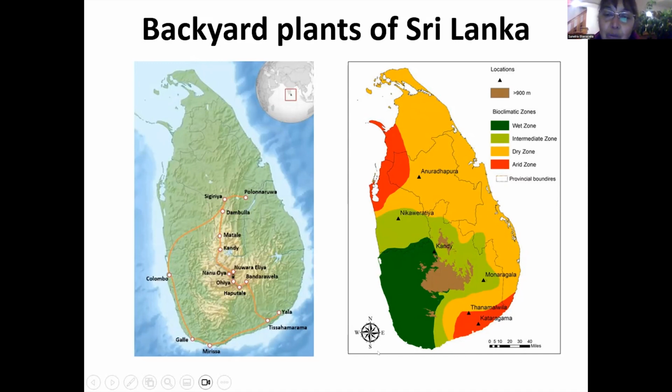So why I showed this is because even though Sri Lanka is a small island, the flora and fauna change quite a lot. If you compare to Nova Scotia, a similar area, you can go from Yarmouth to Cape Breton, and plant types may vary slightly, but not that much.